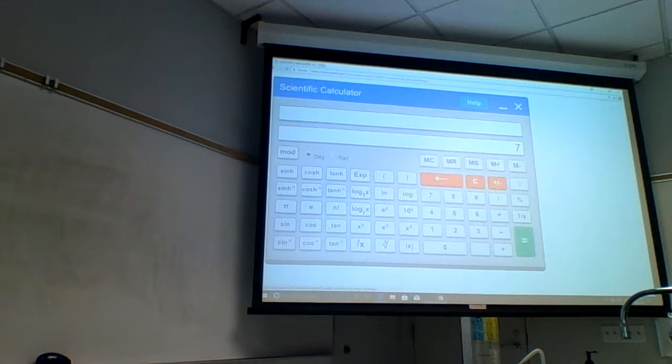So we'll just do 7.87 times 10 to the positive 4, times, what was the other number? The other number is 9.26 times 10 to the negative 8.